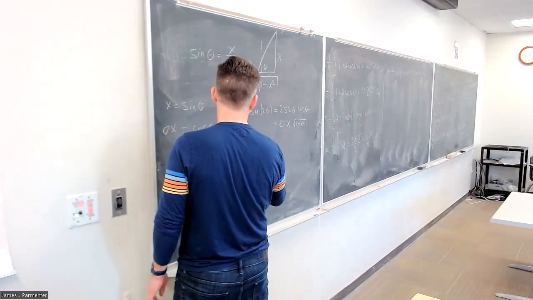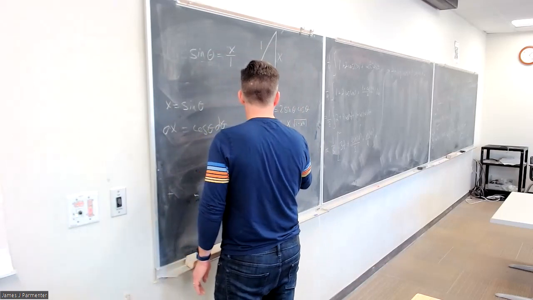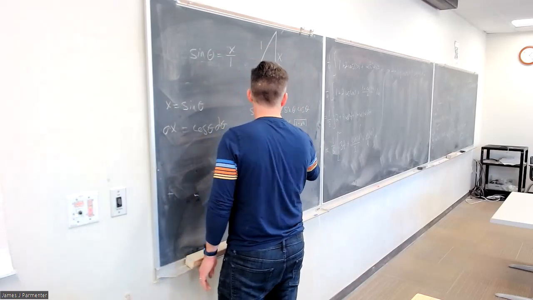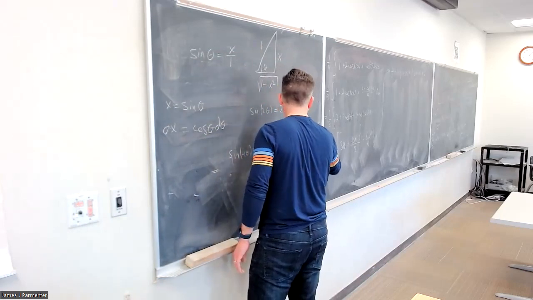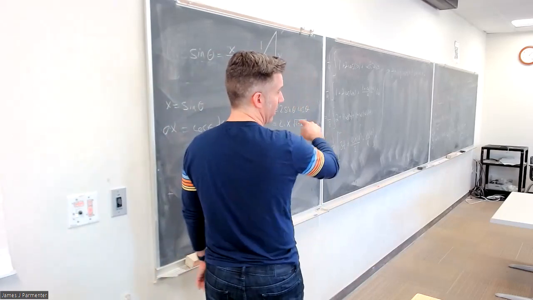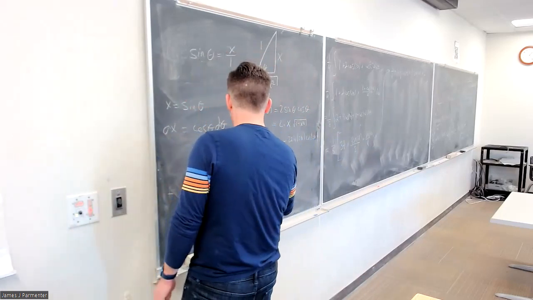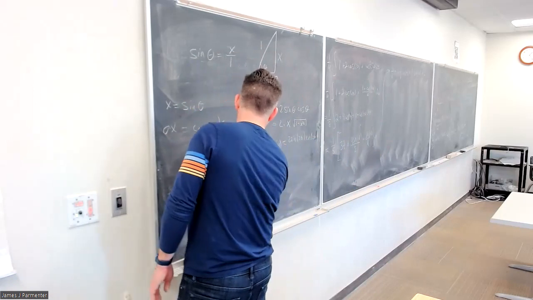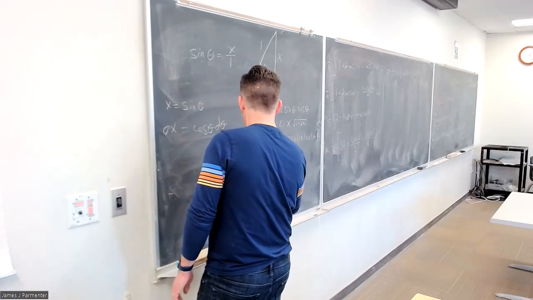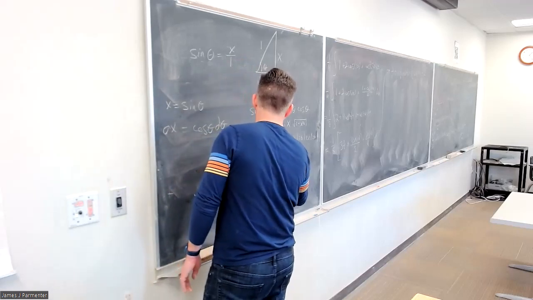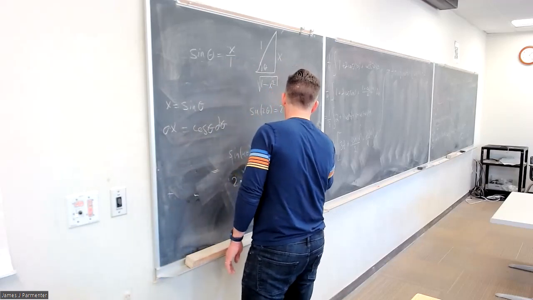Sine of 4 theta is sine of 2 times 2 theta, which is 2 sine of 2 theta times cosine of 2 theta. And then you have to use the double angle identities for sine and cosine. So, yeah, I know, fun times, right? You get 2 times sine of 2 theta, which is 2 sine theta cosine theta, and cosine 2 theta is cosine squared theta minus sine squared theta.